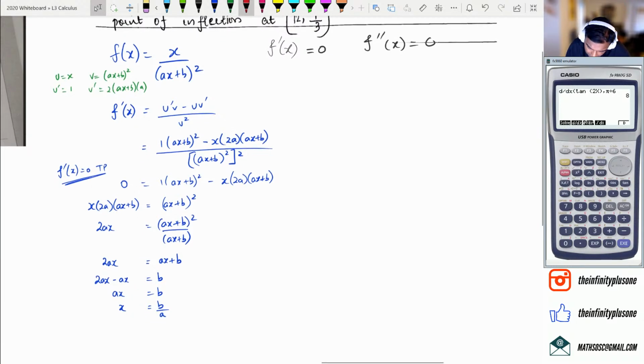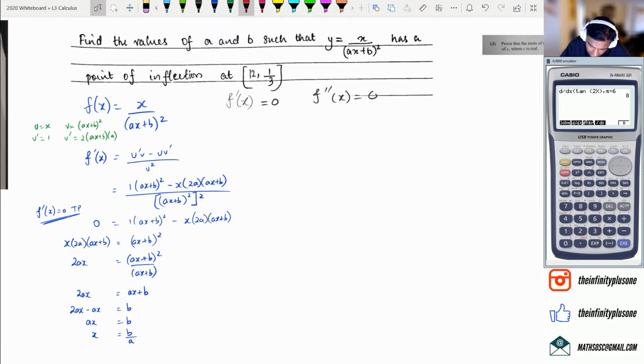All right. I'm just trying to figure out how I can mess around with this. I guess we can try and do f double dash, and f double dash has a point of inflection at 12, 1/3. I want to figure out what a and b are.